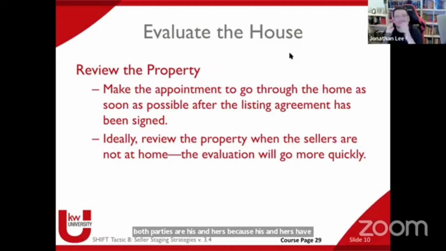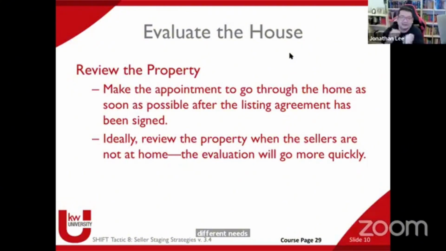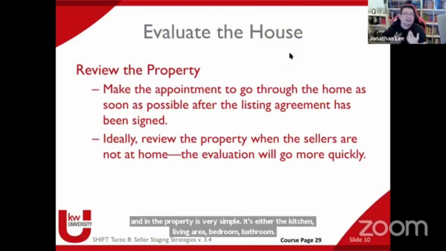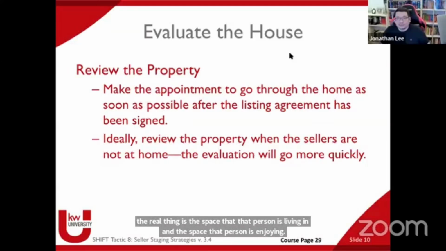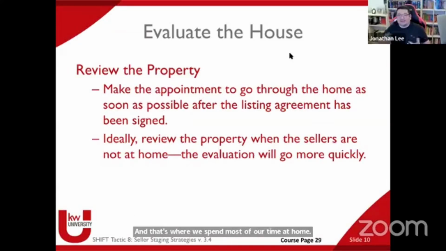And in the property, it's very simple. It's either the kitchen, living area, bedroom, bathroom, right? Few key elements. A lot of times, we think about, oh, the swimming pool of the apartment and all. Those are all important stuff. But the real thing is the space that that person is living in and the space that person is enjoying. And that's where we spend most of our time at home. So a lot of times, I find that we don't talk about those things a lot.